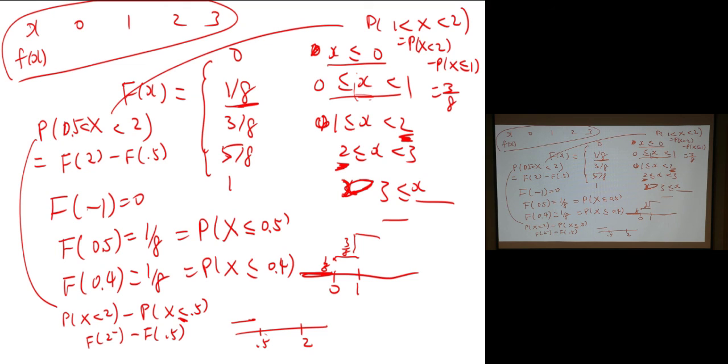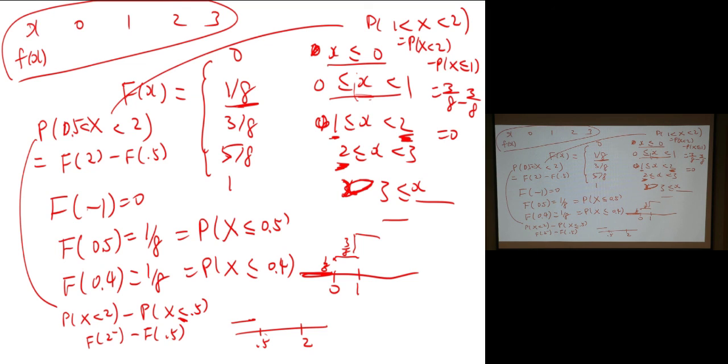And what is probability of x less or equal to 1? It's here. Also 3x. So answer is 0. How come you have x between 1 and 2? Not equal to 1, not equal to 2, and the probability is 0.